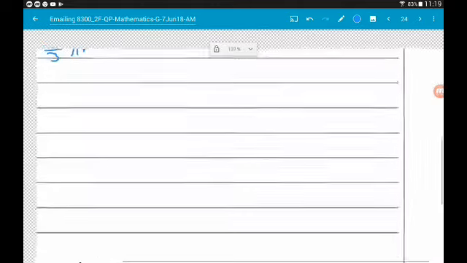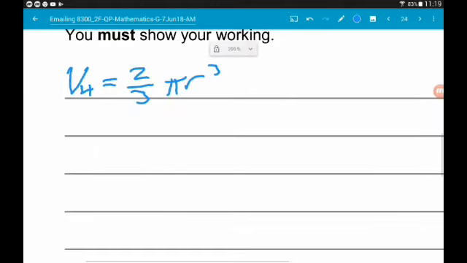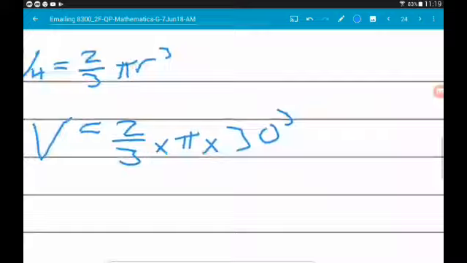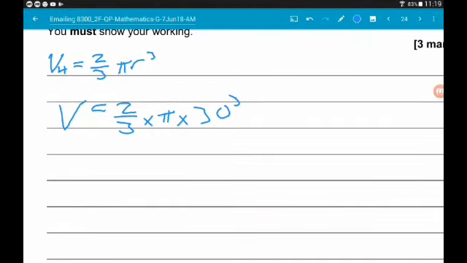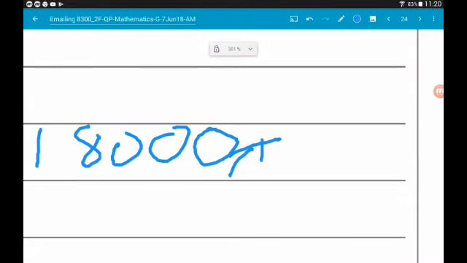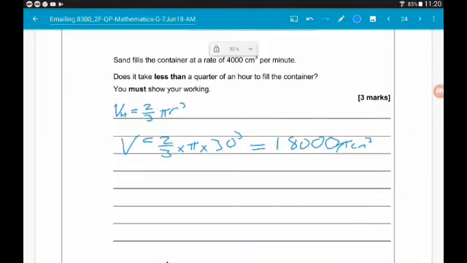So the volume of our container here, that's going to be 2/3 times pi times 30 cubed. Now if we put that in our calculator, hopefully you will get 18,000 pi centimetres cubed. So that is the volume of the container.